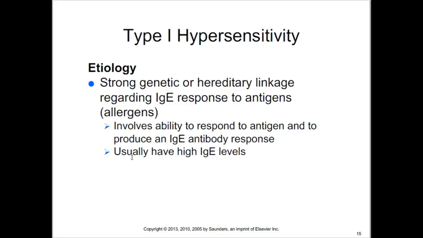You'll see a lot of people with excess IgEs also have eosinophilia. Eosinophils are a type of white blood cell, and one of the things they do is trigger the production of IgEs.